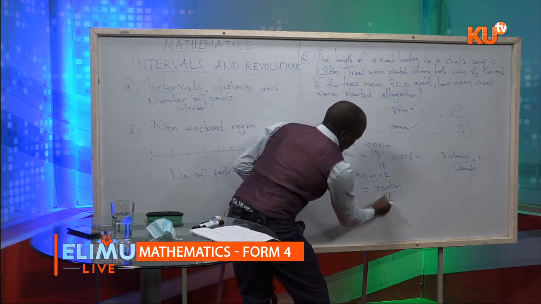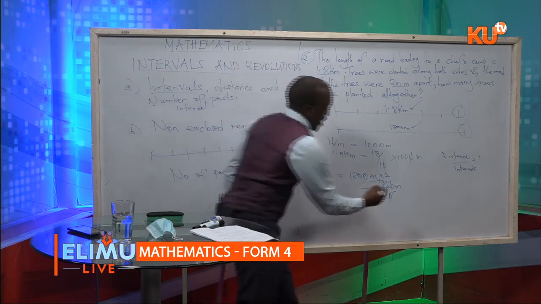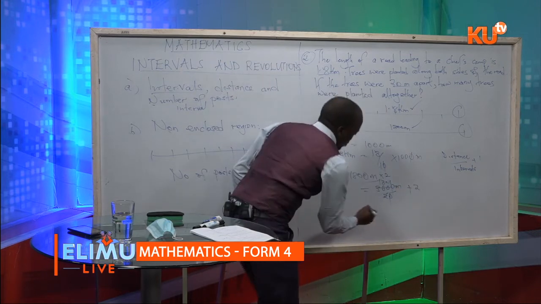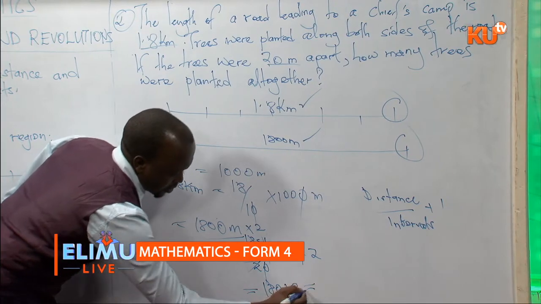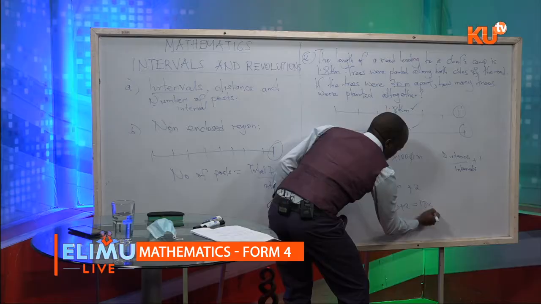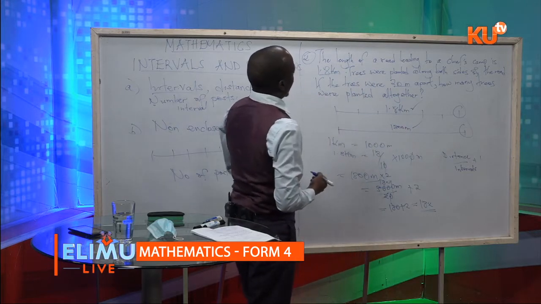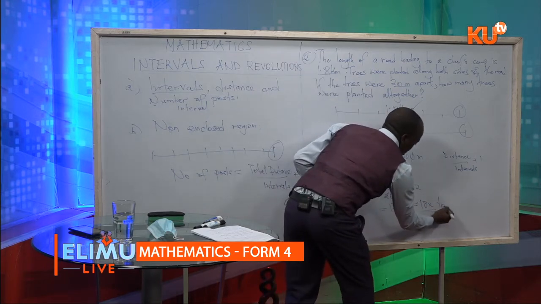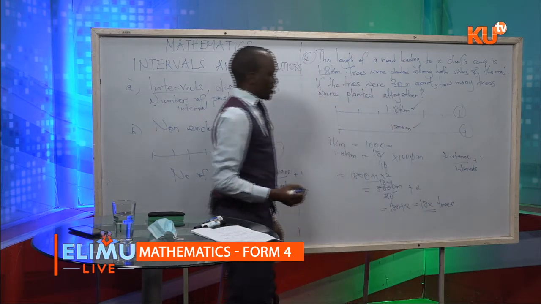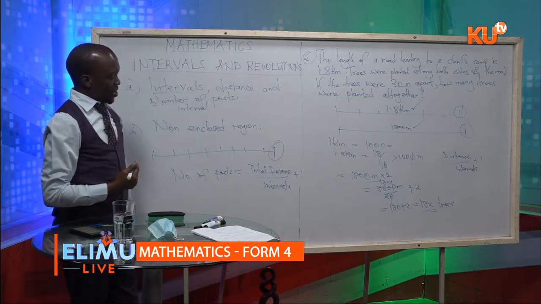We get 180 there, and I've said you add 2. So we take 180 plus 2. Our answer will be 182. 182 what? The question is, how many trees? 182 trees. I always tell children to put the units there because we may never know what you are talking about.